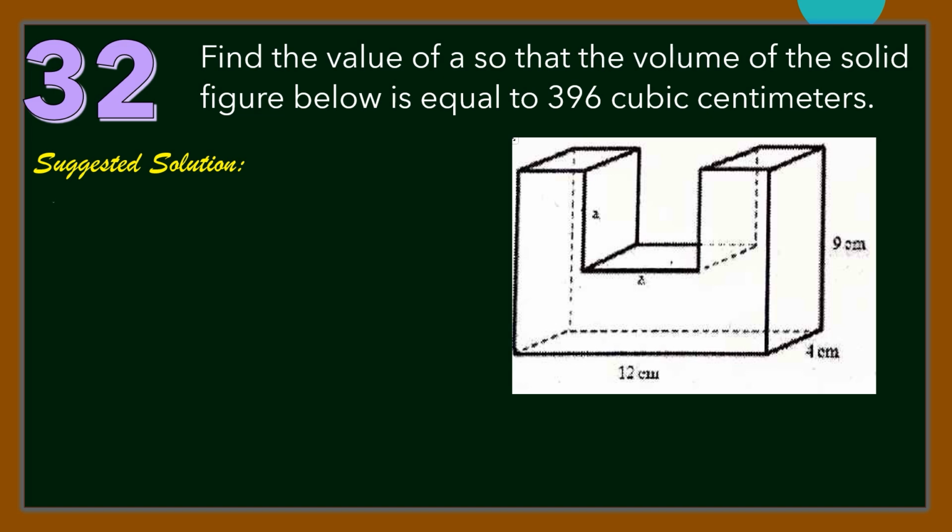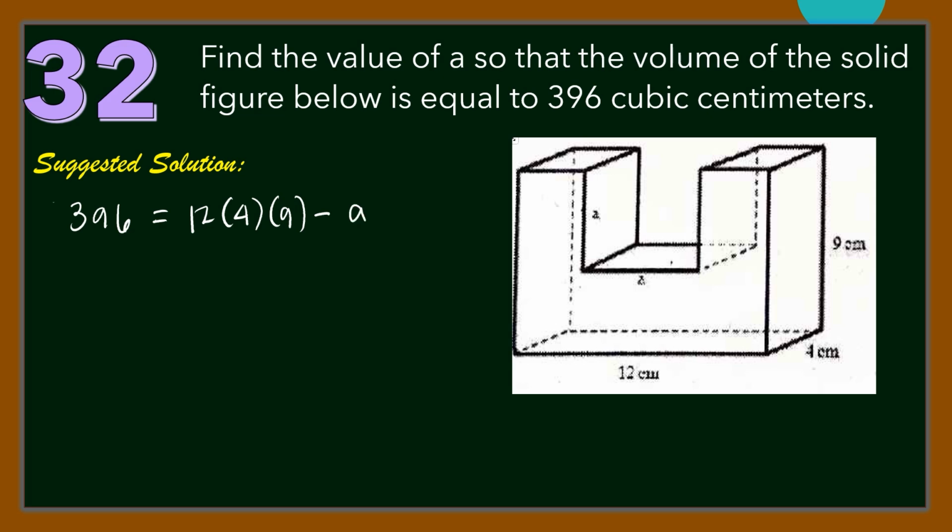And since there is a cut portion of the solid figure with base A, height A, and width 4, then the volume 396 cubic centimeters must be equal to 12 times 4 times 9 minus A times A times 4.